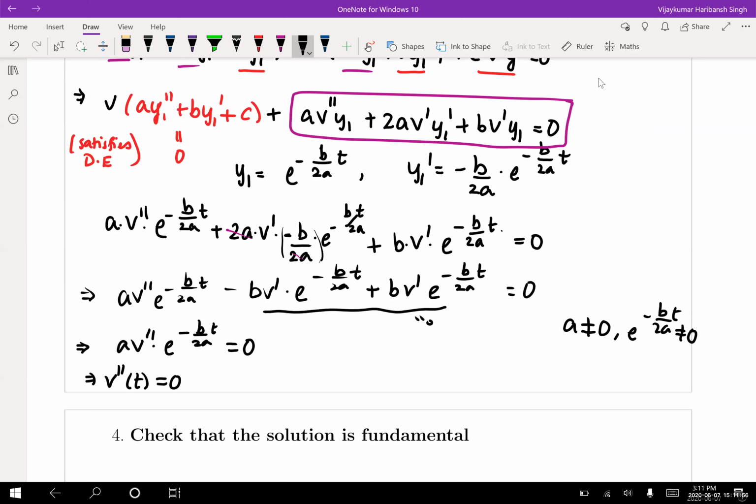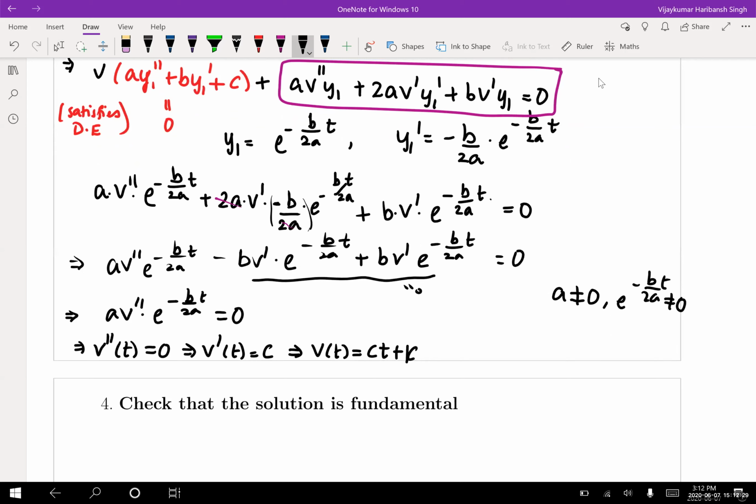This would imply v prime of t is some constant. This will imply v of t is a constant times t plus some other constant, say k. Now we can choose. So what is the solution? We can choose.